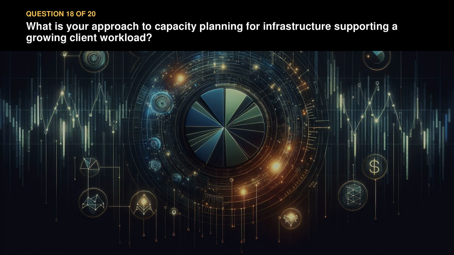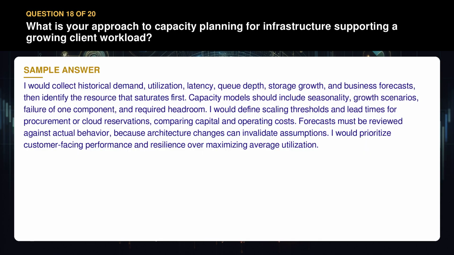Question 18. What is your approach to capacity planning for infrastructure supporting a growing client workload? I would collect historical demand, utilization, latency, queue depth, storage growth, and business forecasts, then identify the resource that saturates first. Capacity models should include seasonality, growth scenarios, failure of one component, and required headroom.